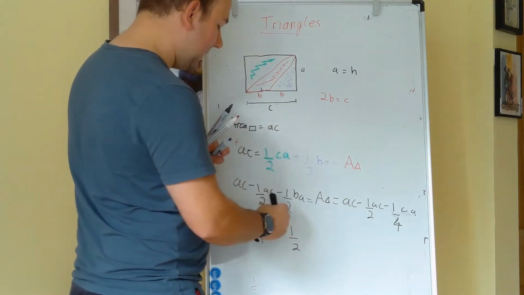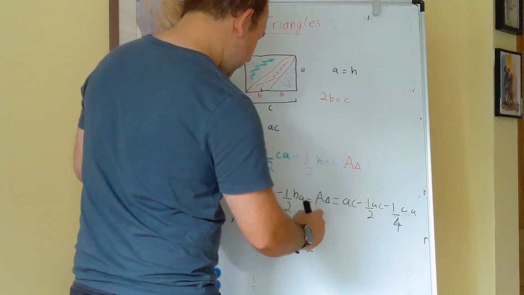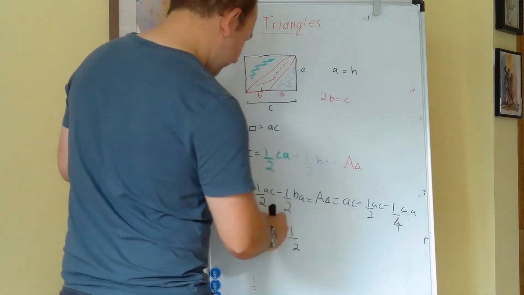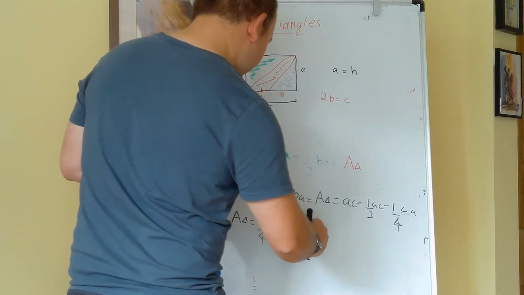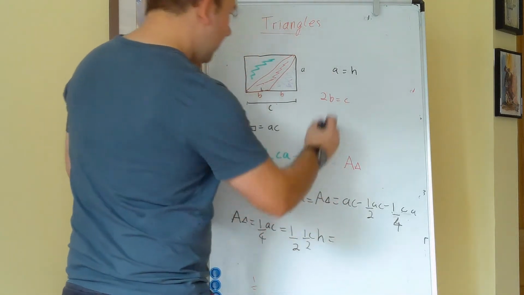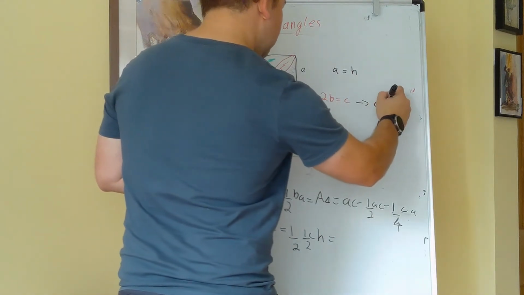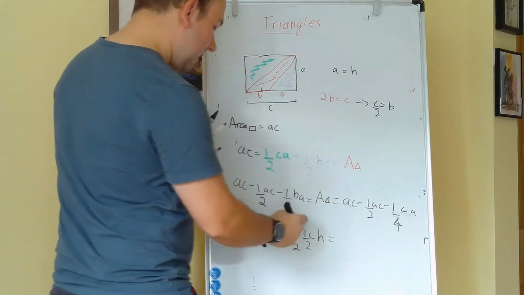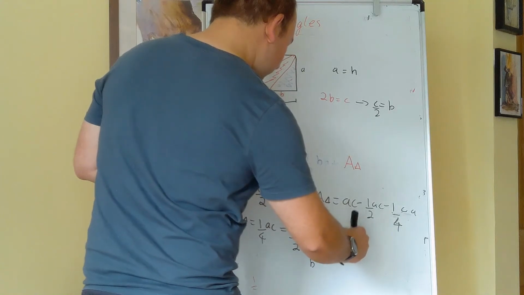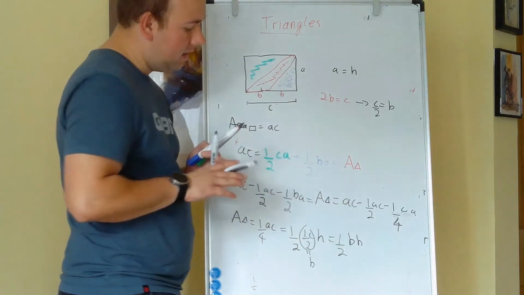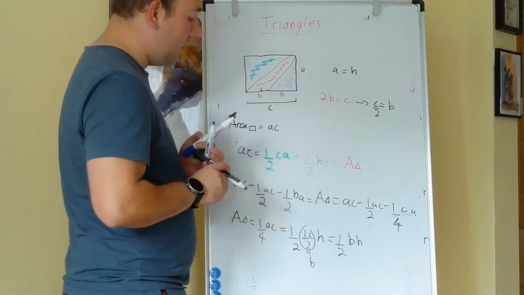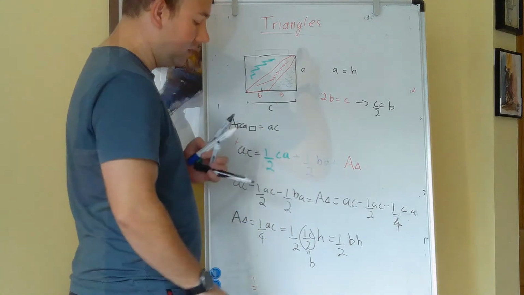We can replace this C with the B, so that's a half, half C. So we can replace this with a half times a half of C, and we can replace the A with the H. This would give half C is equal to B. Therefore, this bit here is equal to B. Therefore, we have a half BH, and we've shown that the area of a scalene triangle is actually half the base times the height. So we're showing that that formula holds.